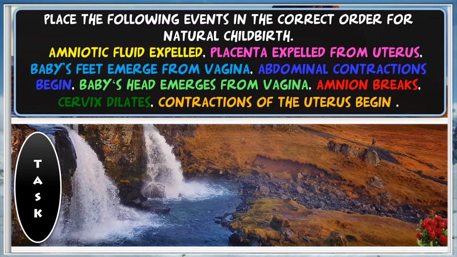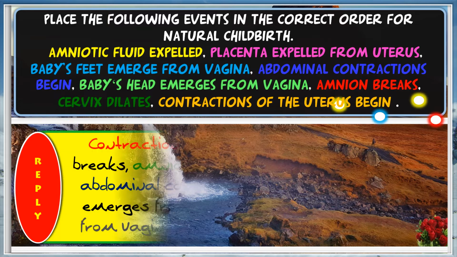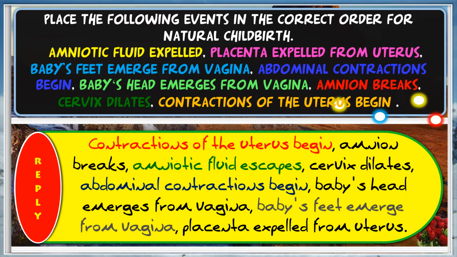Abdominal contractions begin. Baby's head emerges from vagina. Amnion breaks. Cervix dilates. Contraction of the uterus begin.